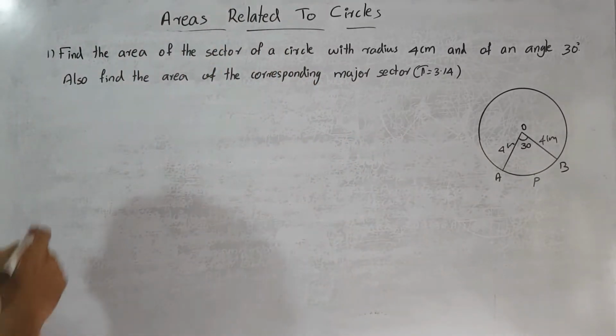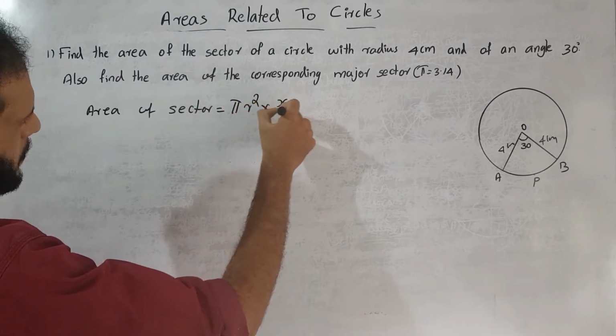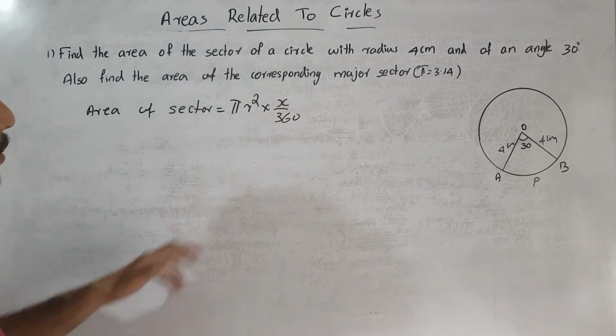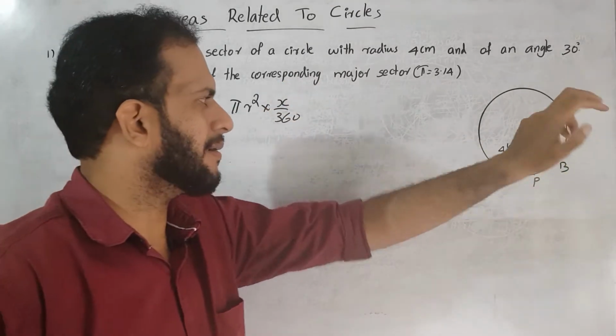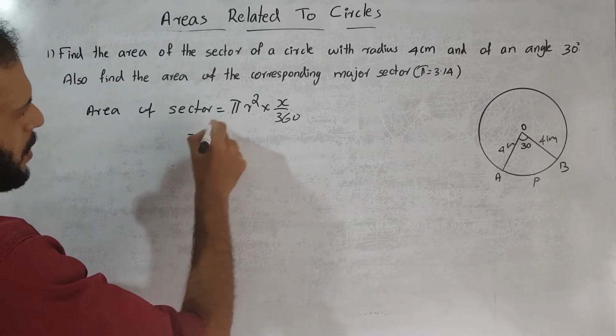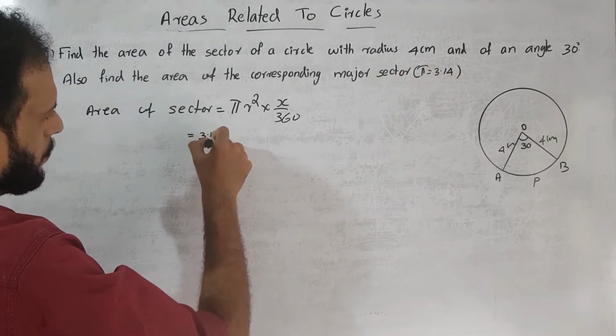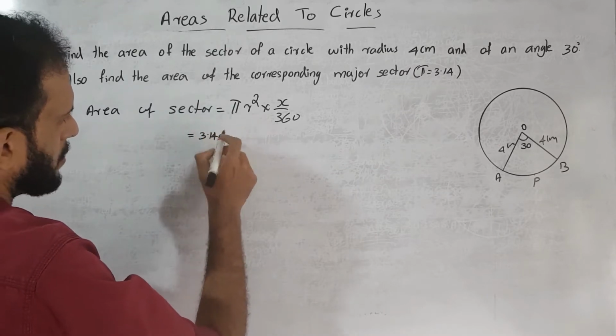What is the equation? Area of sector is equal to r square into x by 360. We know what x is. x is the central angle, 30 degrees. So we directly substitute the values. Pi is 3.14, or we can substitute it last, then also it is correct.